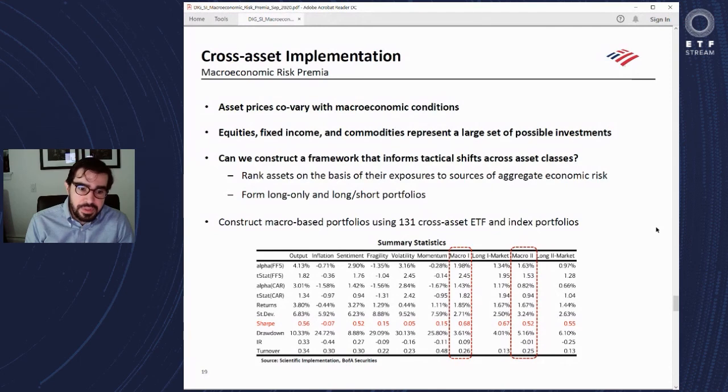This is something that we are trying to address right now by introducing global versions of those factors, versions that are incorporating macroeconomic information across countries and across geographies as well.